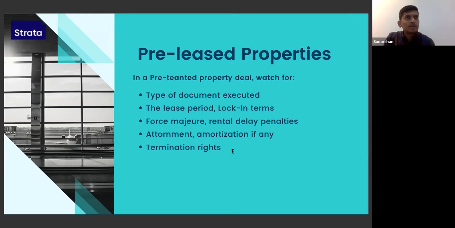So I just want to add a couple of things, especially during lock-in terms to review, right? One of the very critical things is to see, is this just a paper lock-in, or is there a lock-in that, in the event you terminate during the lock-in, the tenant is liable to pay the rents of the entire duration of the lock-in which is agreed upon, right? So many companies craftily write it in a way where it's technically just a paper lock-in and the tenant has the ability to keep moving out.